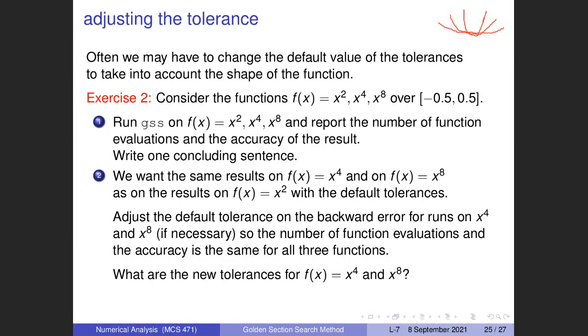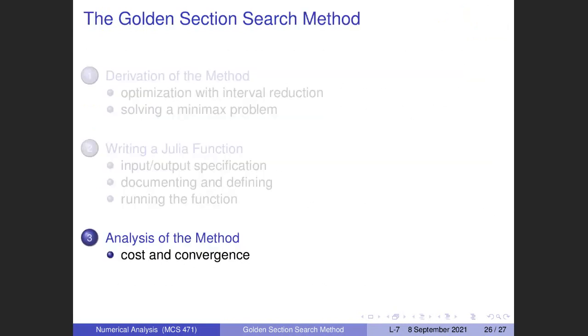So what you need to do is change the default tolerances. Typically, you make the tolerance on the backward error, the tolerance on the difference with the function evaluations, smaller. All right, so that concludes the second part.